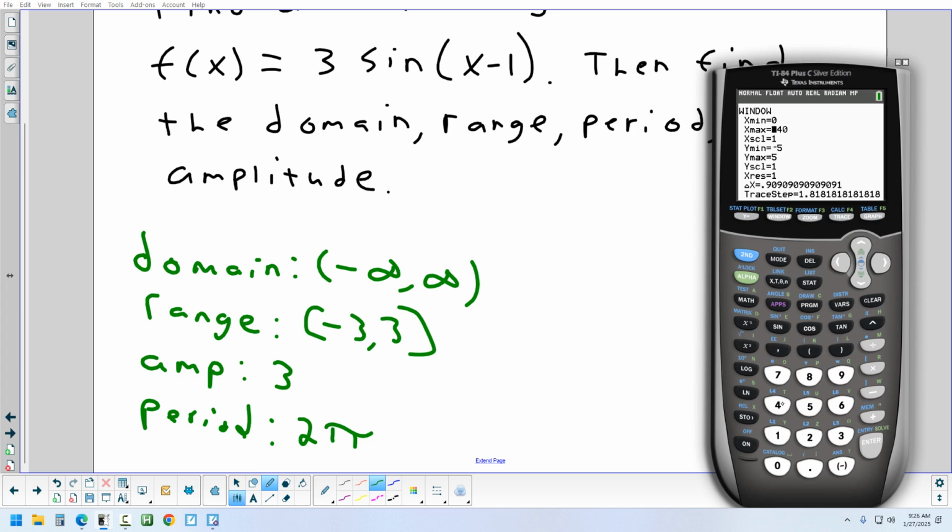So let's see what we get. So we get 0 to 4 pi. Y min and max are still okay. So see what I mean? It's not starting where it normally was. But it's going to end right there, and we're still going to see 2 cycles. If you wanted to make it start at a nice spot, like let's say you wanted to have it start here and show it ending over here, you'd have to adjust your window to be 1 unit to the right as well.